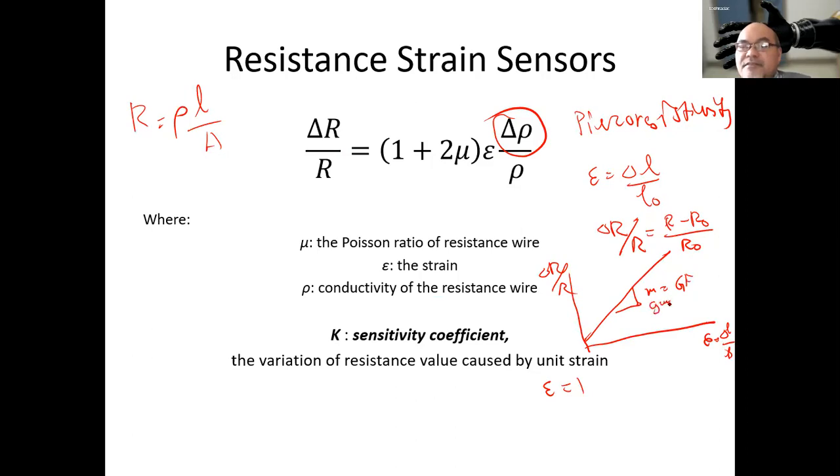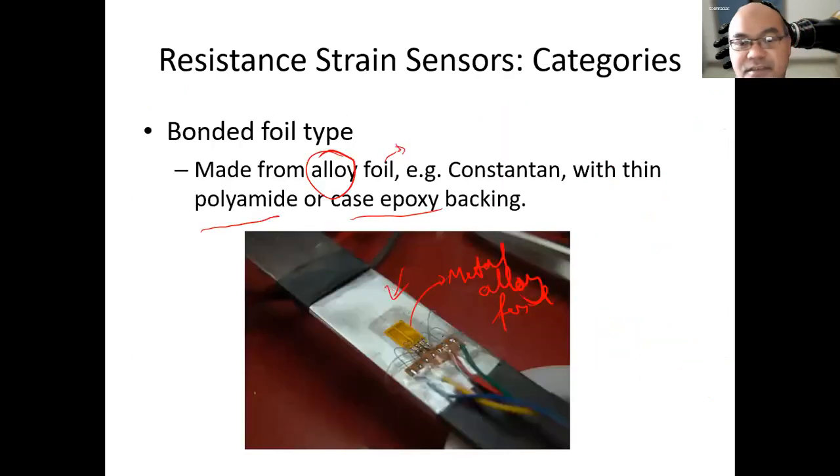Gauge factor, depending on whether you write it in British English or American English. So GF here, if it is a straight line like this, can be calculated from delta R over R divided by delta L over L0, the gradient, which indicates the sensitivity of that strain gauge.